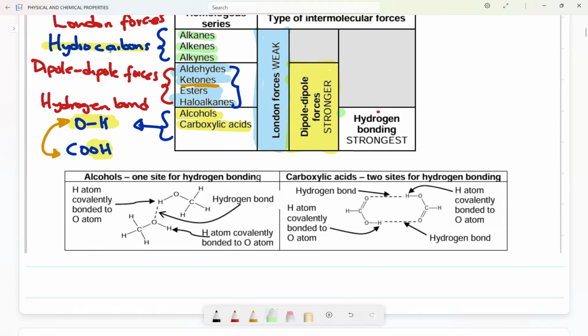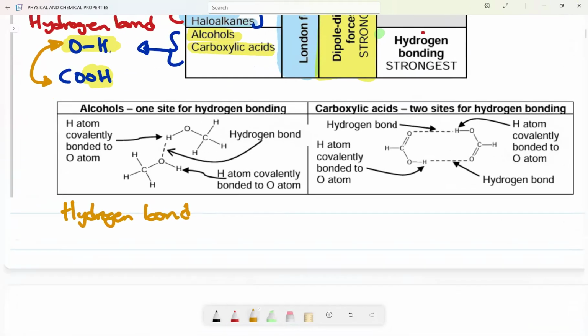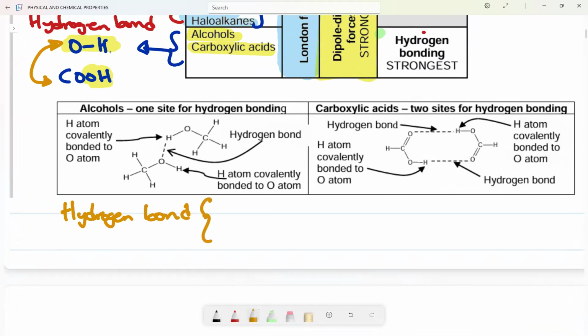We have the hydrogen bond here. Remember, hydrogen bonds occur when hydrogen reacts with any of these: oxygen, fluorine, and nitrogen, if I remember very well.